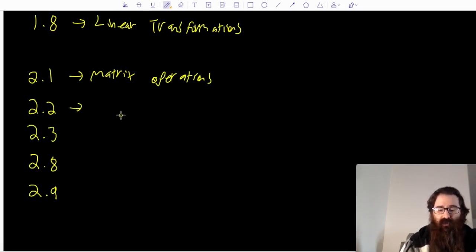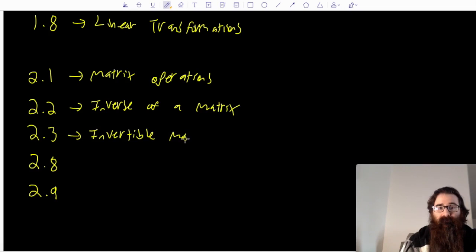And then in 2.2, we started talking about the inverse of a matrix. In 2.3, we talked about invertible matrices, and introduced the invertible matrix theorem, IMT.